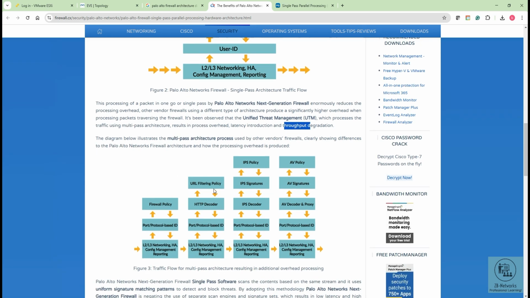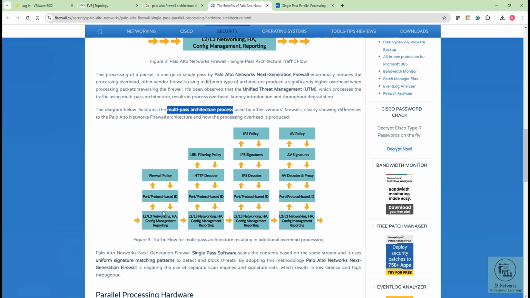So this is one of the diagrams given here. It says the diagram below illustrates the multipass architecture process used by other vendor firewalls, clearly showing the differences to the Palo Alto Networks firewall architecture and how the processing overhead is produced.